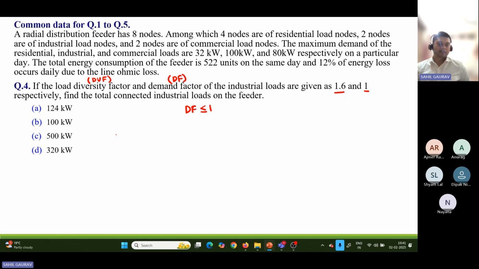So we will write the expression of demand factor. Demand factor is the ratio of maximum demand upon total connected load.